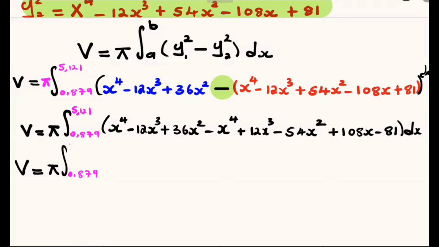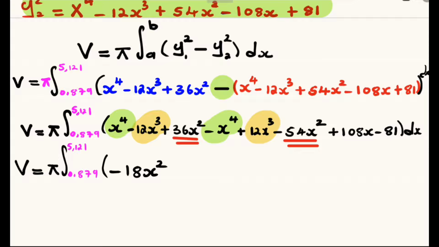We simplify and v will be equal to pi multiplied by the integral from 0,879 up until 5,121, and that x to the power 4 minus that x to the power 4 will be 0, and negative 12x cubed and that positive 12x cubed will cancel out, and 36x squared minus 54x squared will be equal to negative 18x squared.